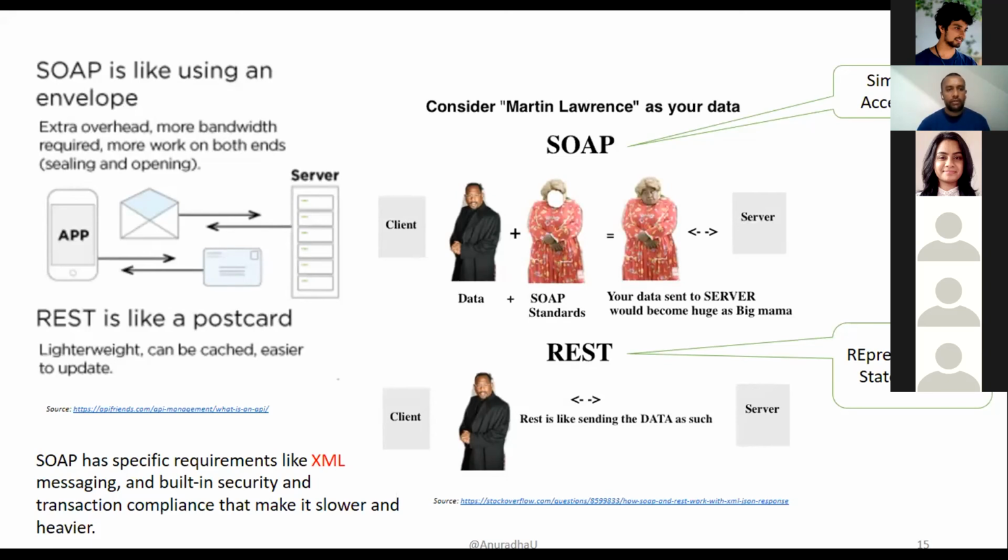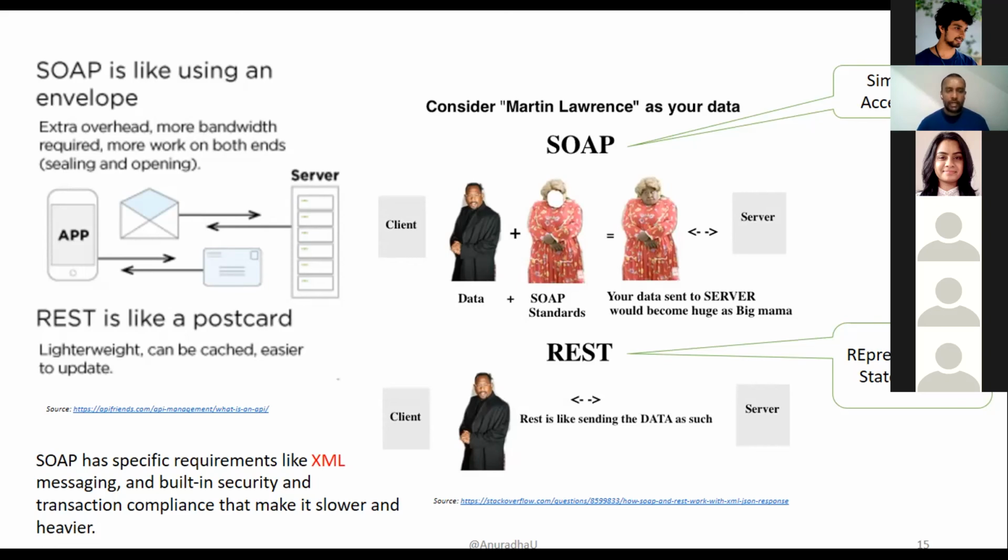If you want to compare, SOAP is like sending some information or data from the client to the server using the SOAP standard, which means that you sort of wrap it using the SOAP way of defining that particular block of data. It's like an envelope where you put your letter inside, whereas REST is like you directly transport your data from the client to the server, or from the IoT device to the gateway, or IoT device to the cloud, or whatever.